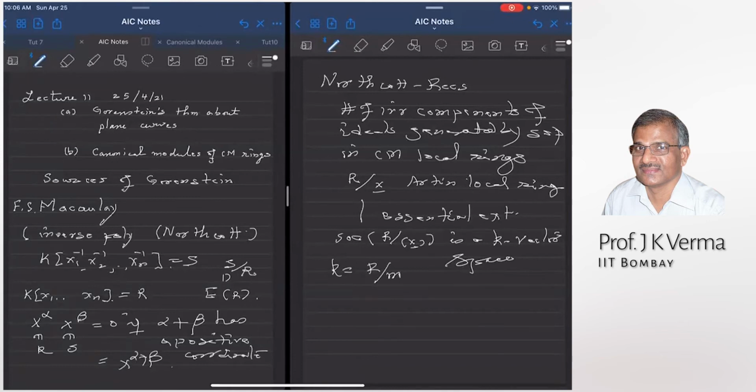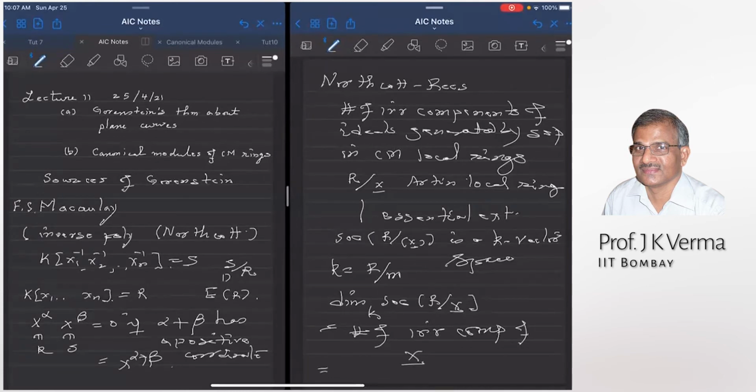The dimension of the socle of R mod x bar is equal to the number of irreducible components of x bar.